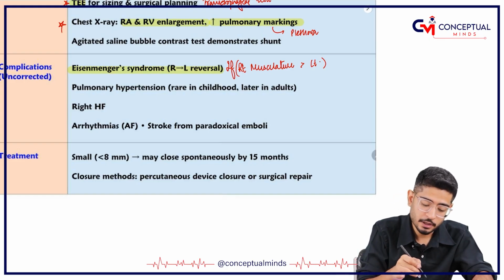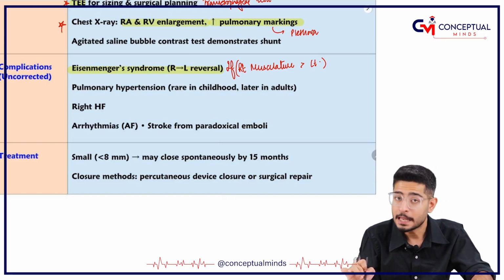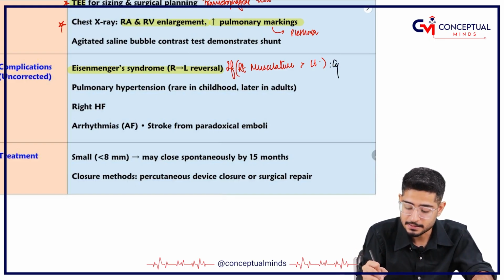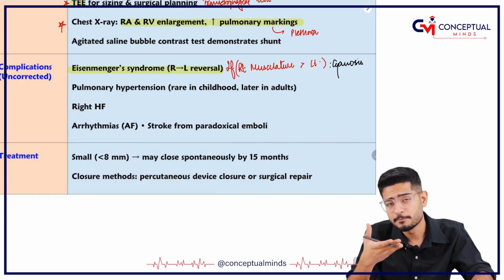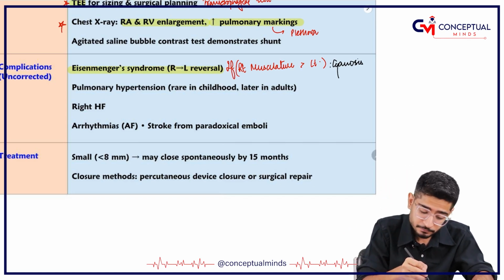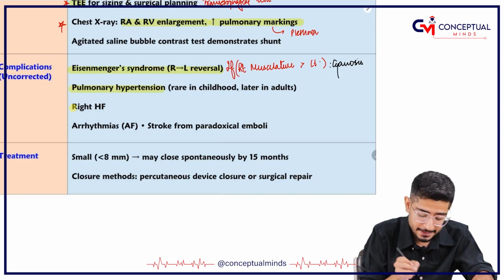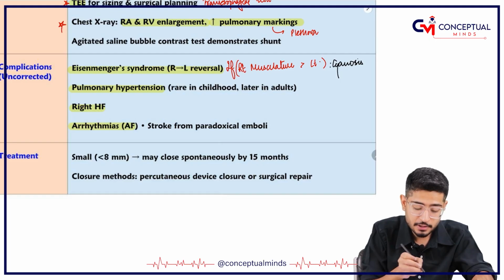Okay, so what will happen in Eisenmenger? Less blood will be going to the lungs. That is why Eisenmenger is going to have cyanosis, because all the blood which is coming onto the right side is going to the left side, so very little blood is going to the lungs. It is also responsible for causing pulmonary hypertension and right-sided heart failure. It can even cause arrhythmia.